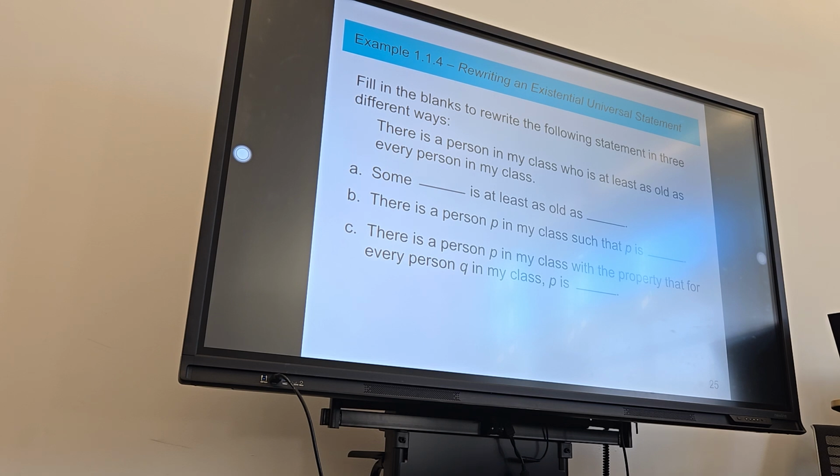There is a person P in my class such that P is at least as old as everybody else. And there is a person P in my class with a property that for every person Q in my class, P is at least as old as Q.